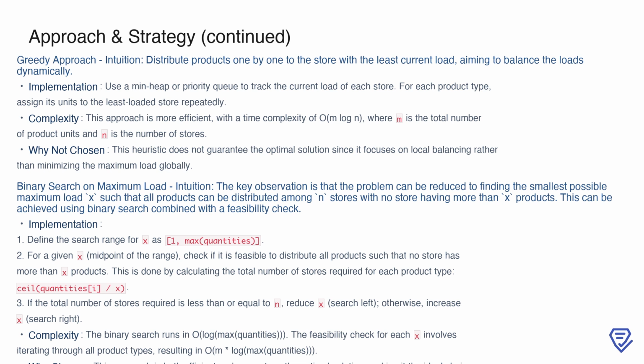Specifically, for each product type, we calculate the number of stores needed to handle its units under the constraint x. If the total number of stores required is less than or equal to n, we search for smaller values of x. Otherwise, we increase x to find a feasible solution. This binary search approach combines efficiency and correctness, making it an attractive option for solving the problem.